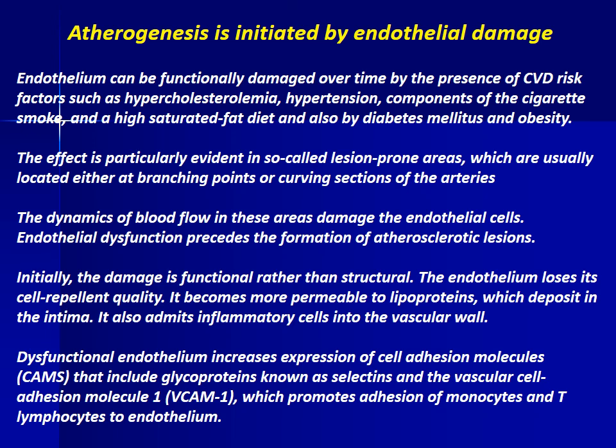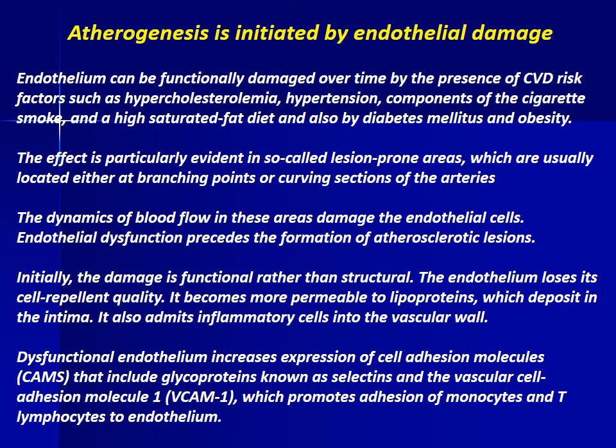Endothelial dysfunction precedes the formation of atherosclerotic lesions. Initially, the damage is functional rather than structural. The endothelium loses its cell-repellent quality. It becomes more permeable to lipoproteins, which deposit in the intima. It also admits inflammatory cells into the vascular wall.